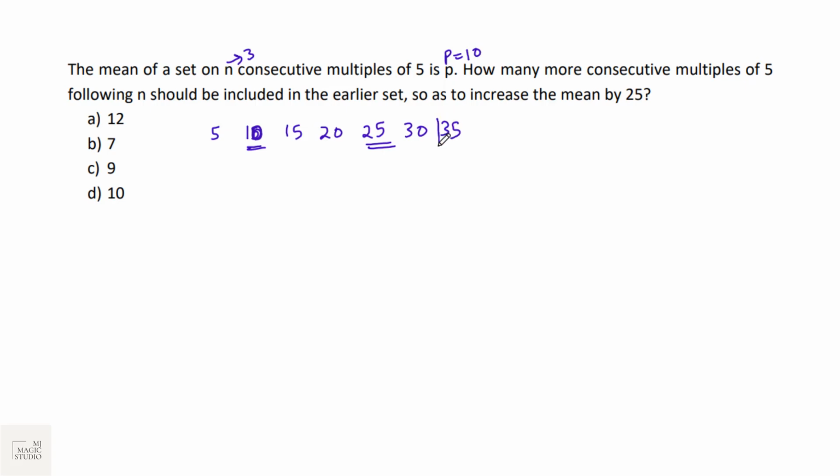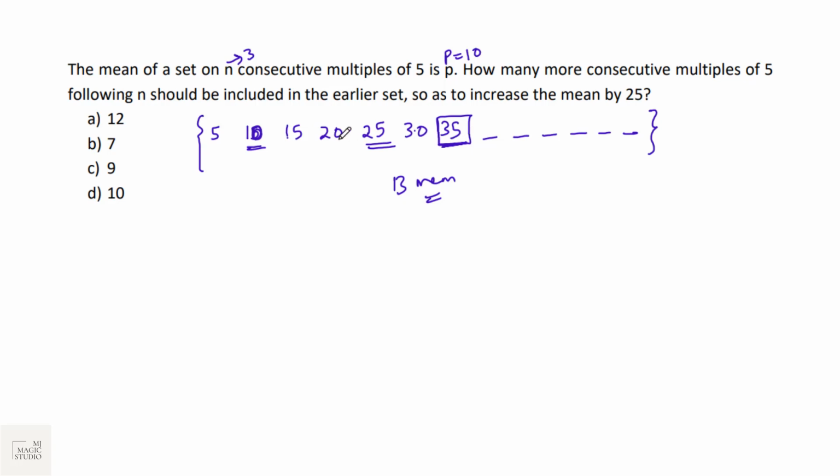Now 35, if this is the mean, how many numbers are there to the left of 35? 1, 2, 3, 4, 5, 6. We should have 6 more multiples to the right, 1, 2, 3, 4, 5, 6. Now for this series, mean would be 35. 6 plus 6, 12 plus 1, 13. There are 13 members in this series whose average is 35 now.